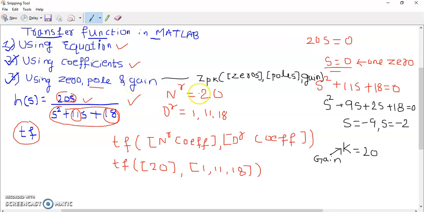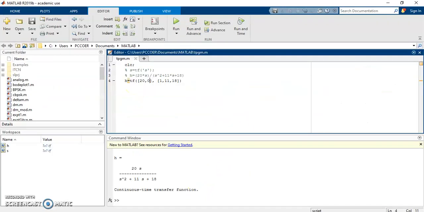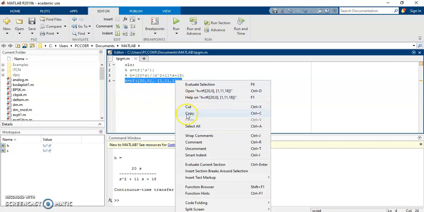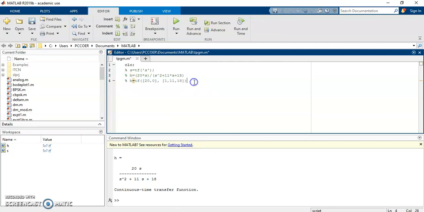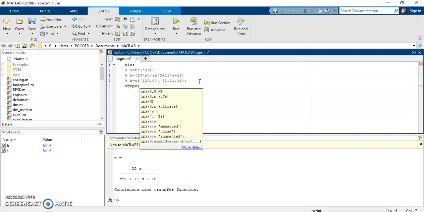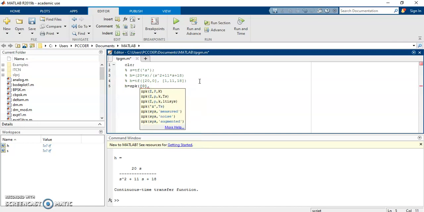Let us write the MATLAB command here. I will make this a comment. On the next line, I will write h is equal to zpk. In bracket, first the zeros. There is only one zero, that is 0, comma.